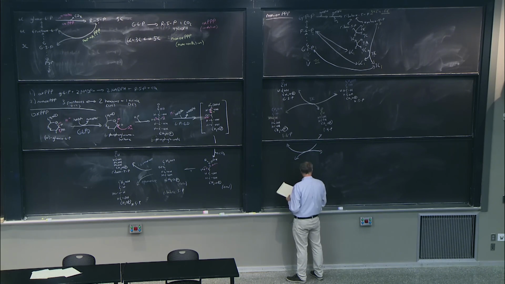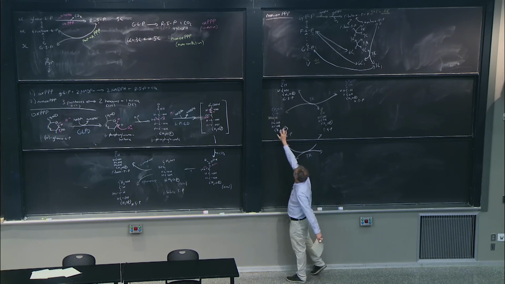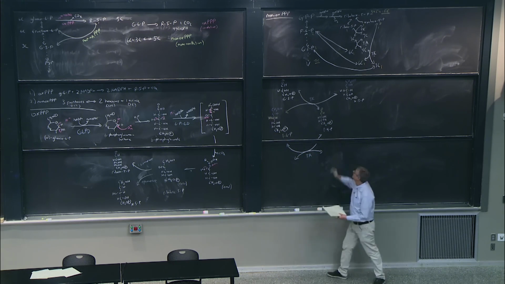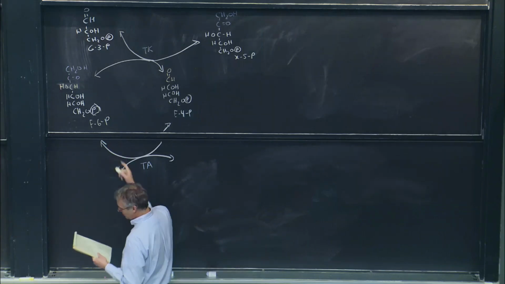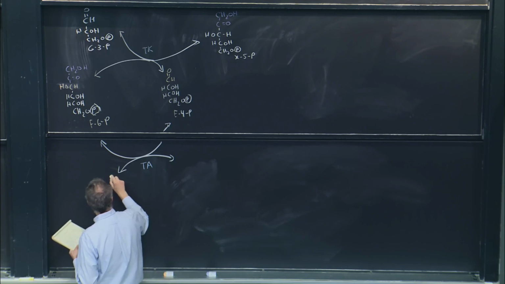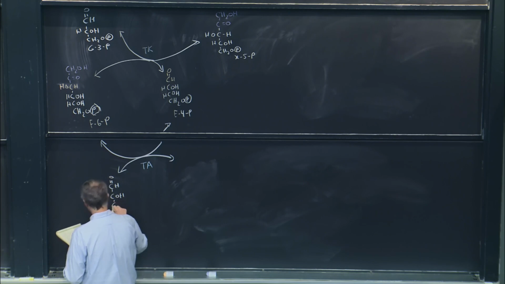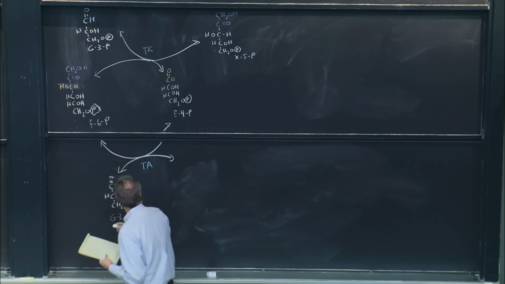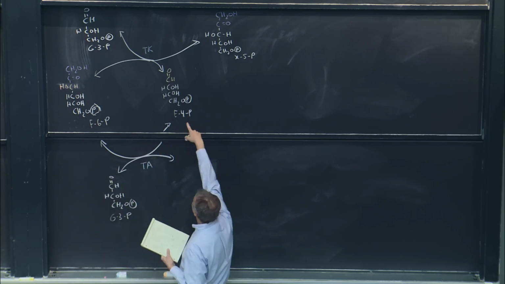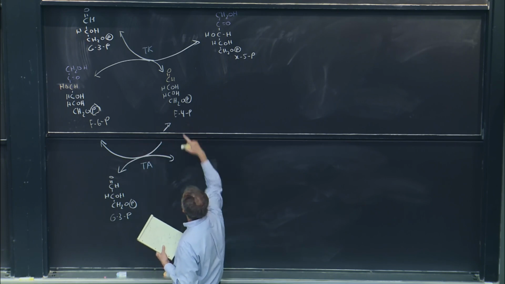So if I now carry out a transaldolase reaction, I'm going to move 3 carbons now from my ketose donor, fructose 6-phosphate, to my aldose acceptor. And so what do I end up with? This becomes 3 carbons shorter, so glyceraldehyde 3-phosphate. Move the 3 carbons from the ketose to the aldose acceptor.